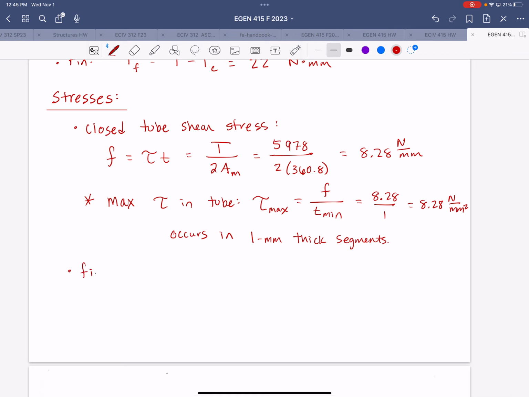For the shear stress in the fin, we use our calculation from the previous lecture for open thin-walled sections. So the shear stress is equal to torque in that segment times the thickness of that segment divided by J star of that segment.